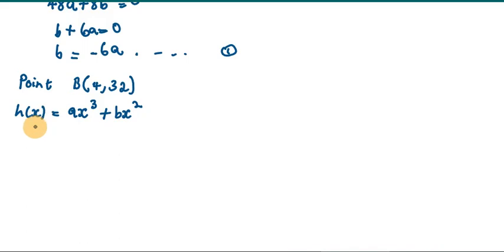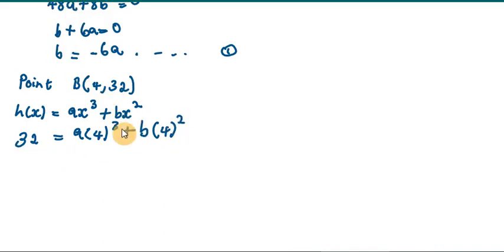So where I see h at x equivalent to y, y is equal to 32. So here I have 32 being equal to a, where I see the x, I plug in 4. It's 4 to the power of 3 plus b, and then 4 squared.